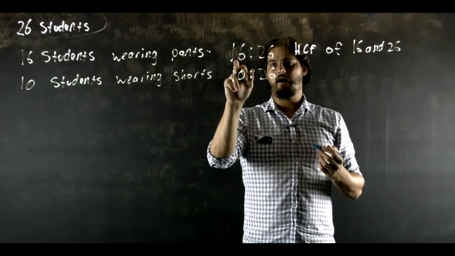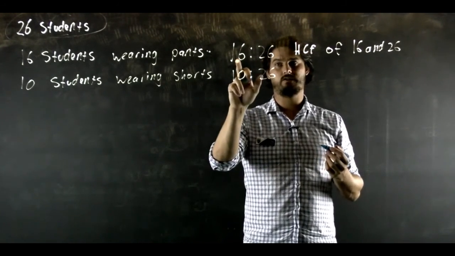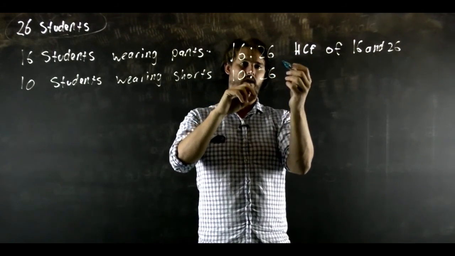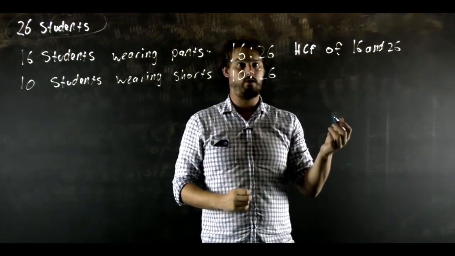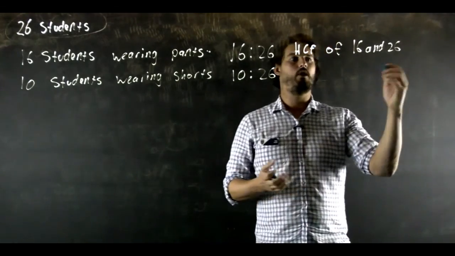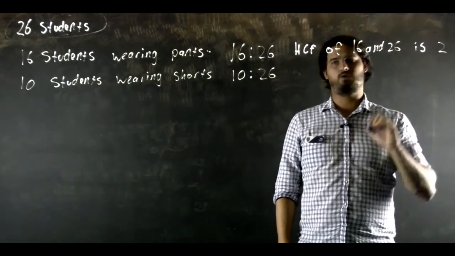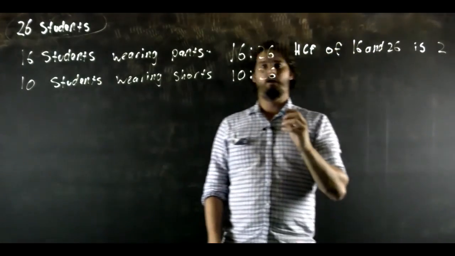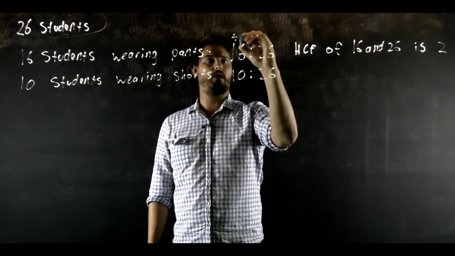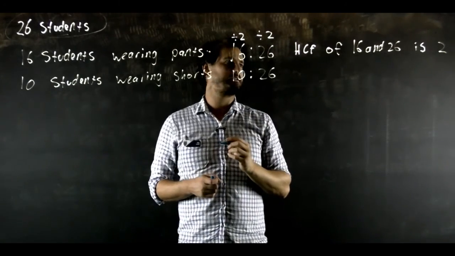Neither of those are going to go into 3. One of those is going to go into 4, the 16, but the 26 is not. 5, no, 6, no. So once we've gone through our different options, the highest common factor is 2.